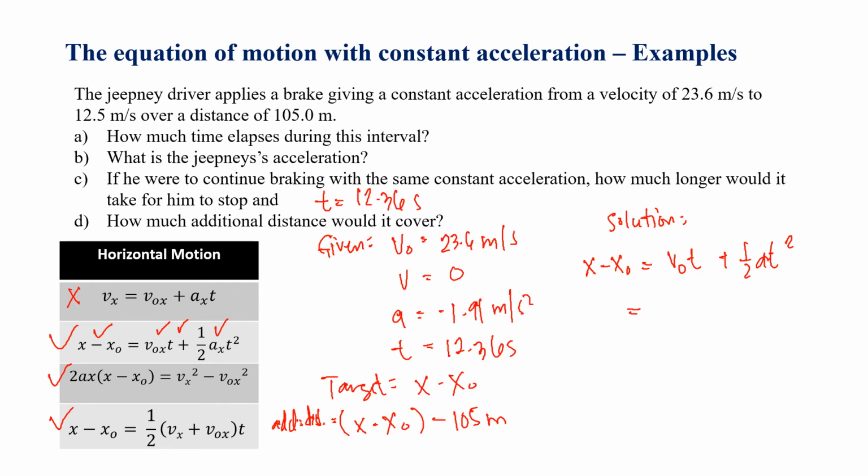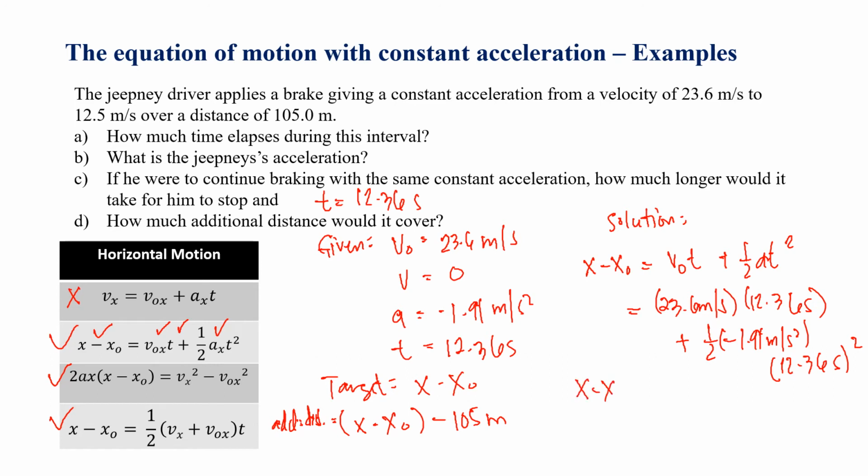So this is equal to 23.6 meters per second times 12.36 seconds plus 1/2 your negative 1.91 meters per second squared times your 12.36 seconds squared. Your x minus x naught is equal to 145.81 meters.